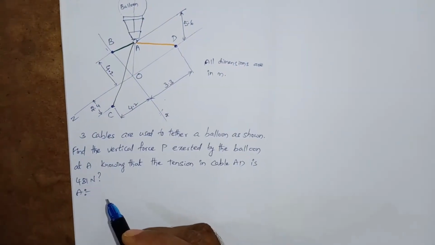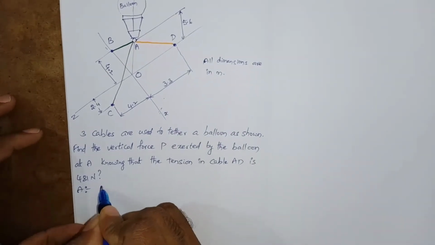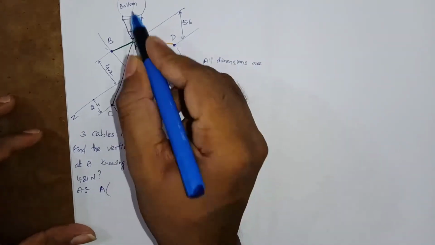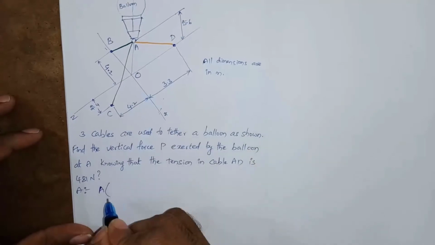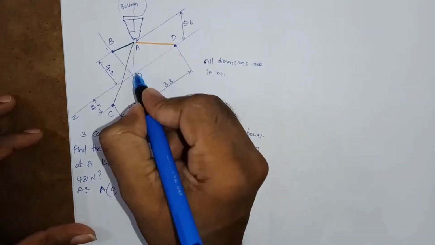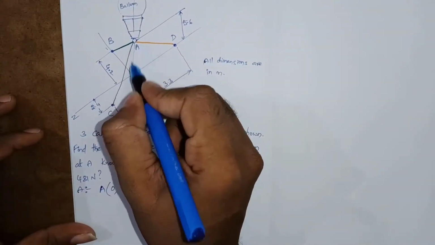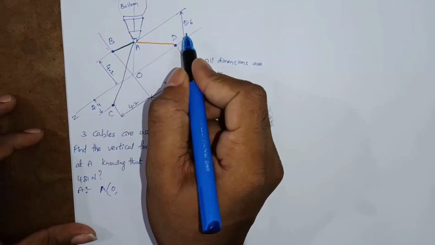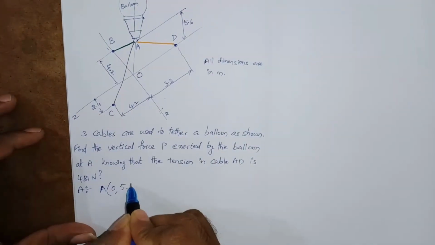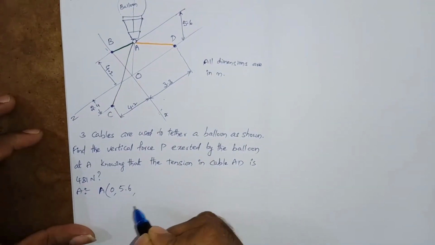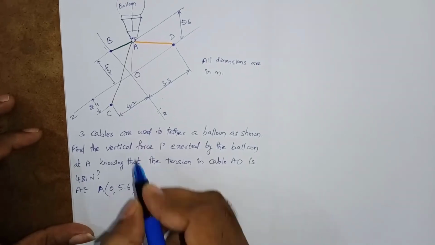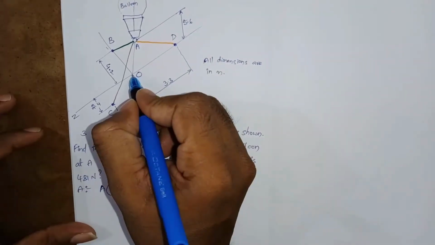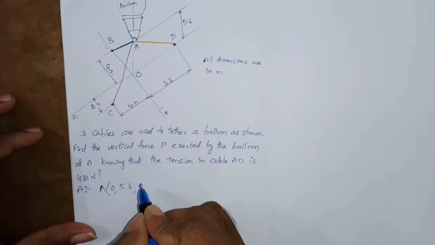Now let us write the coordinates for point A. It is on the y-axis, so the x coordinate is 0, the y coordinate is this height, 5.6 given here, all in meters, and the z coordinate is 0 because it is on the y-axis.